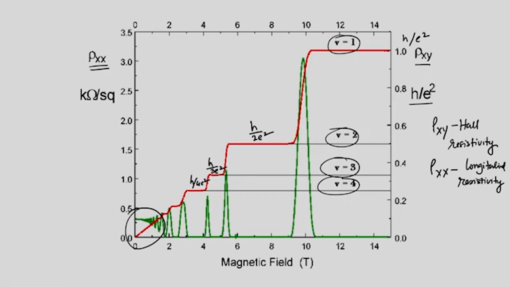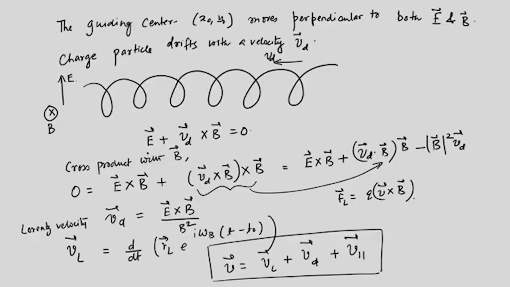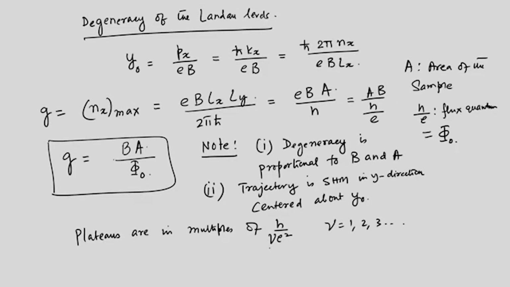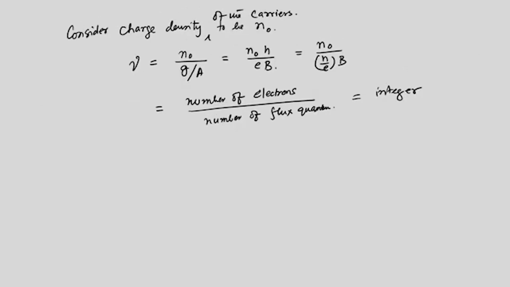And what you see is that when this quantity which we just found becomes an integer, then there are these Hall plateaus which we saw last. So, when this ratio becomes an integer, you see plateaus.